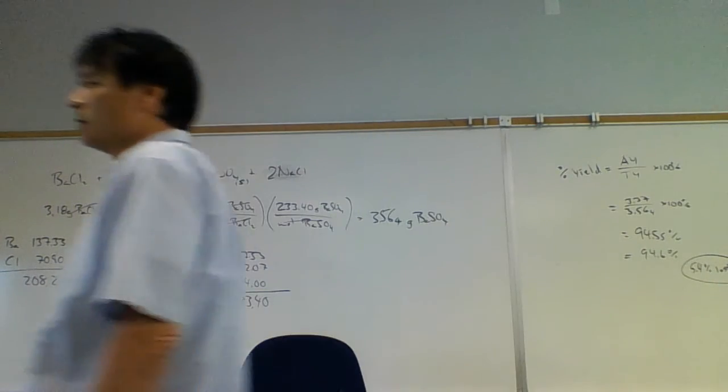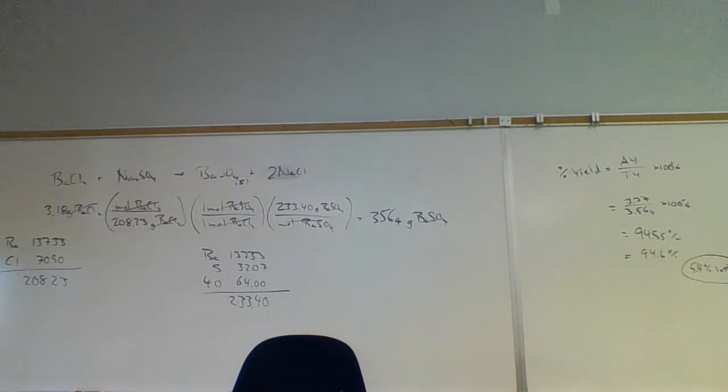Because if you look at the original question is calculate the. Oh, you're right. This is an intermediate answer. Yeah. So they did round it off here, but the second question asked for the percent yield.